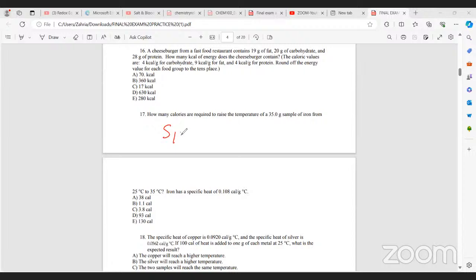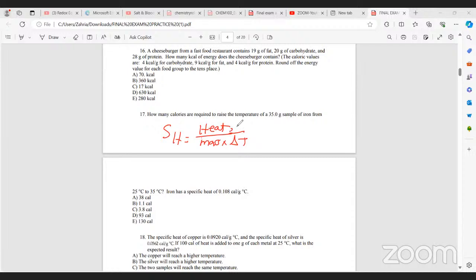So specific heat is equal to your heat divided by your mass times your delta T. Remember, your heat part up here can also mean calories.